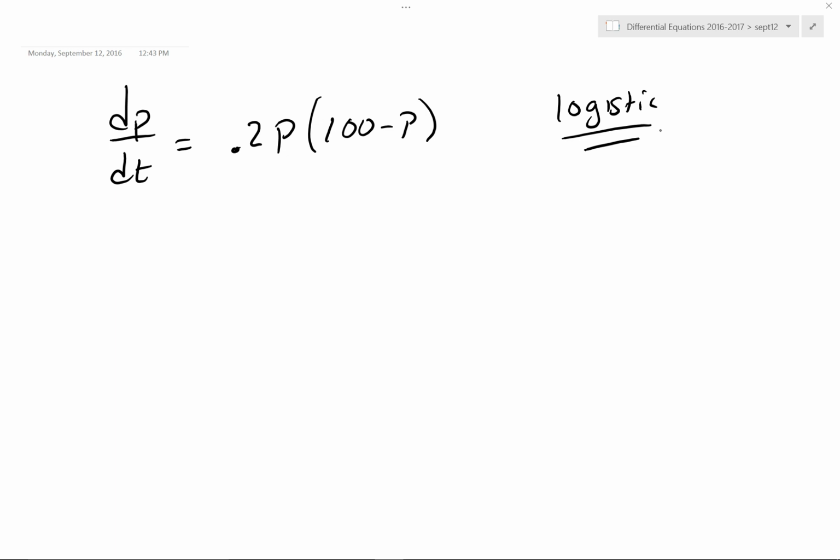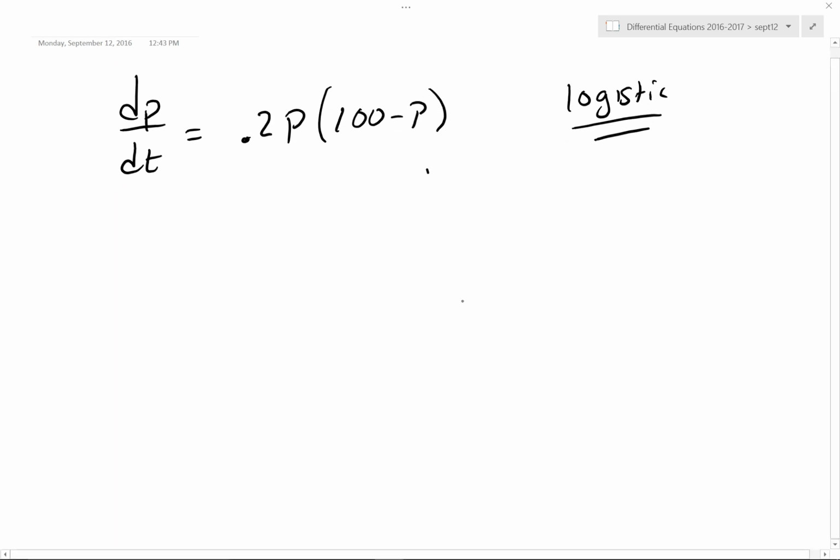Would it be any different if I did P minus 100? Yes. Would the solutions look similar? How to do it? Yes. What the answer is? No. So, logistic growth. Now, we're going to solve this guy. Notice again that there's just a P. It's just dependent variables.